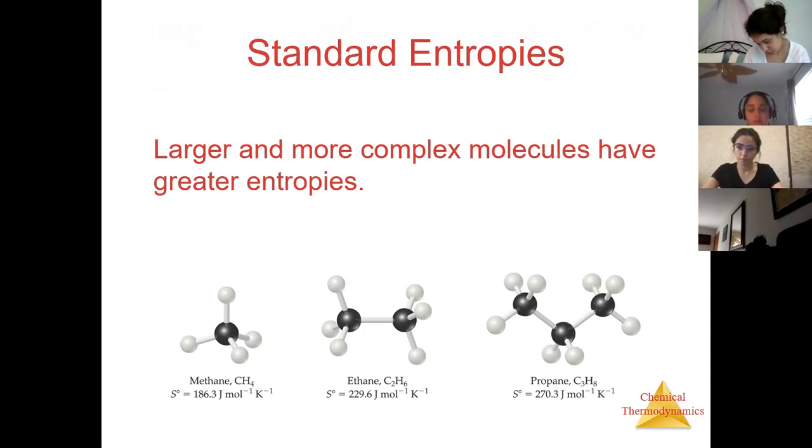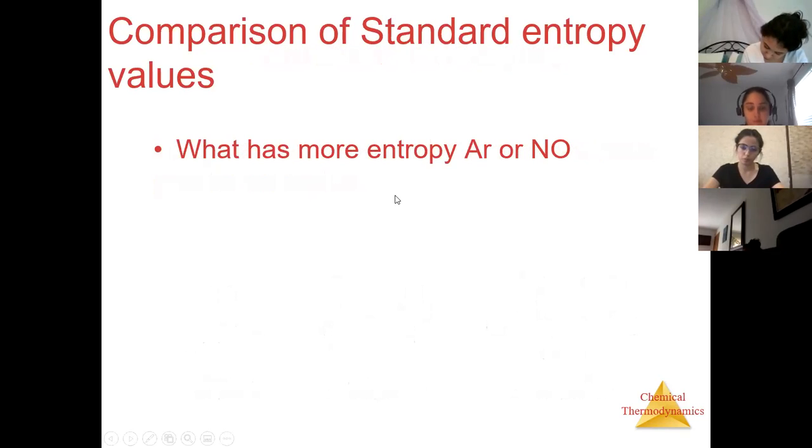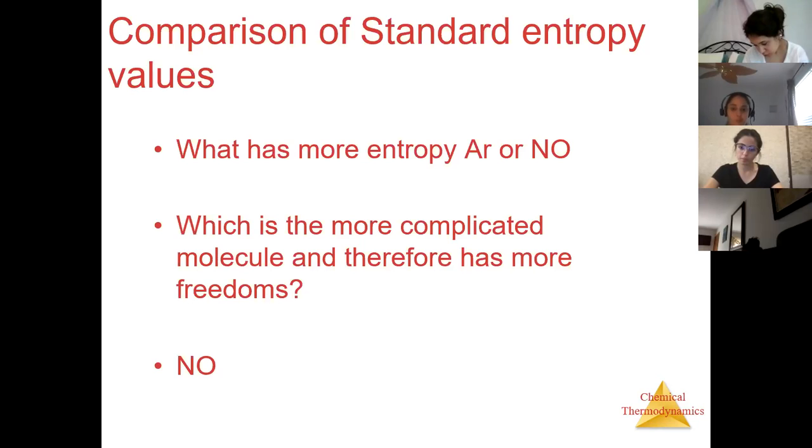Oh, with higher molar mass, it's going to be lower. Nope, we're not talking about molar mass. This slide is saying the more complex molecules have greater entropy. What do you think is more complex, argon or nitrogen monoxide? NO would have more entropy. More complex, it has more entropy in it.